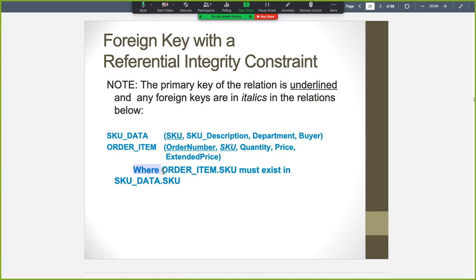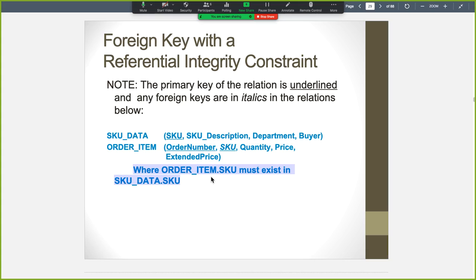When you create a table or create a view, the create view is something we consider data definition language. In data definition language, we use a schema language similar to this. So we write a constraint that says this particular key in order item has to exist in a particular table.